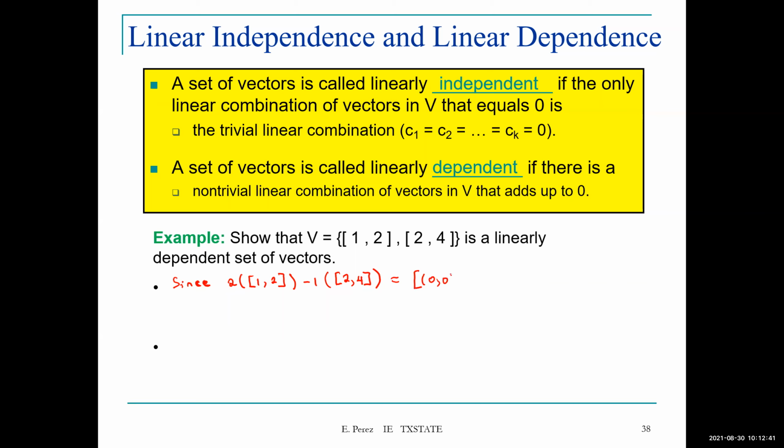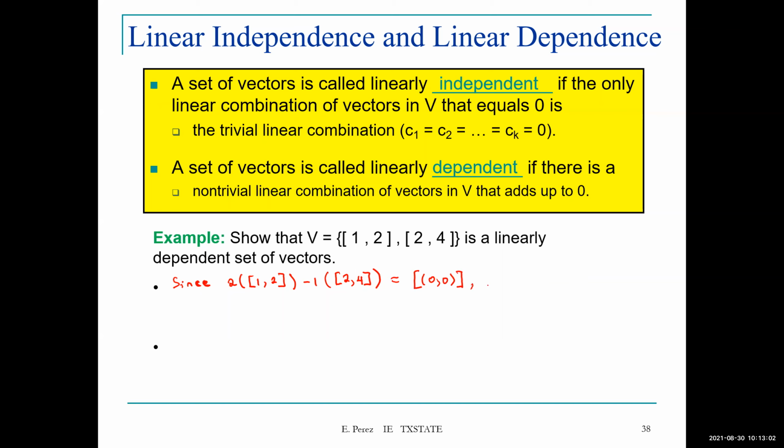Just by looking at the numbers, I can come up with these two scalars. I can find that set of scalars, C1 and C2, 2 and minus 1, with which I can create the vector (0, 0).